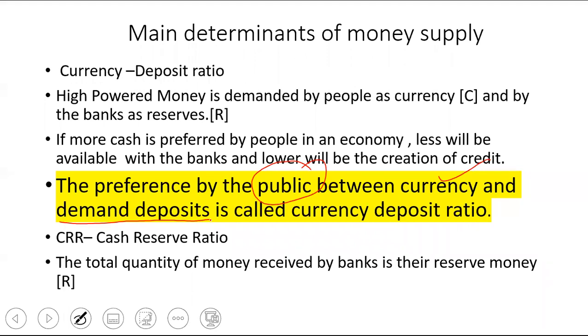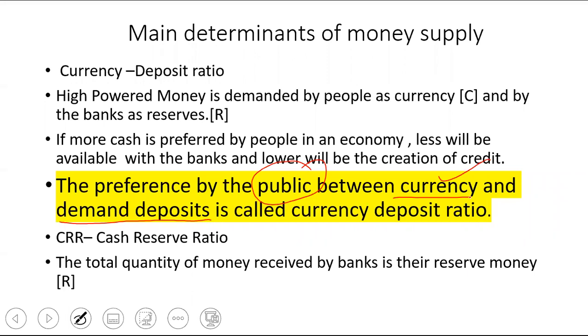The moment people prefer currency, naturally, the circulation of that currency depends upon whether they would like to spend the money or not. When they are holding more currency, less will be available with the bank. On the other hand, when they are putting more in demand deposit, bank will be having more cash.